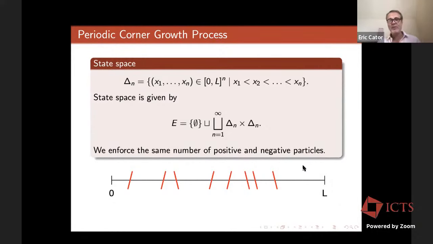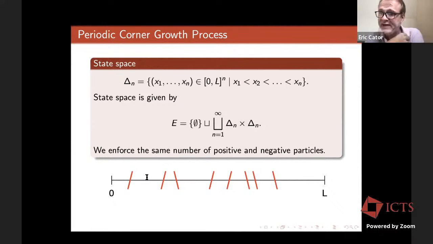So the state space is, well, you have the circle, 0 to L. In this entire talk, you have to remember that 0 to L is a circle, so it's actually periodic. So when you move to the right here, you enter to the left here. That's important. You can either have 0 particles, so that's the empty configuration, or you can have n positive and n negative particles.